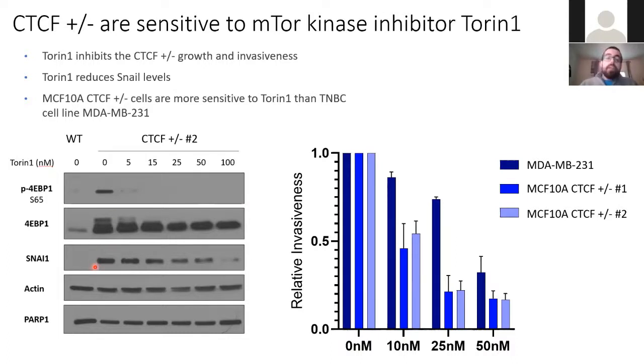So SNAIL is a very potent oncogene, a master regulator of EMT that promotes invasiveness and metastasis in models of cancer in humans. So it's strongly upregulated in our knockout, and with torin-1, its expression is reduced.